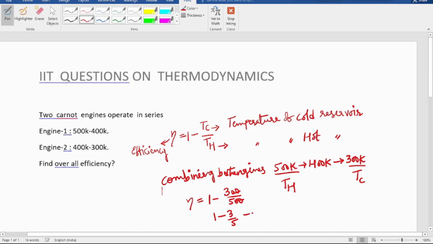Then if we go for the LCM, (5 minus 3) by 5, so 2 by 5 we will get. 2 by 5 is nothing but 0.4. Generally engine efficiency is calculated in percentage, so 0.4 times 100 gives us 40%.